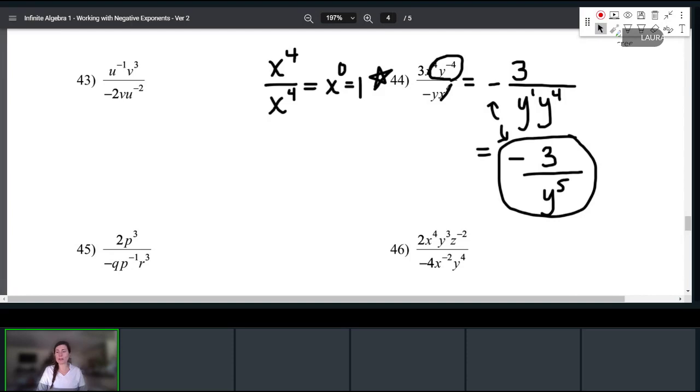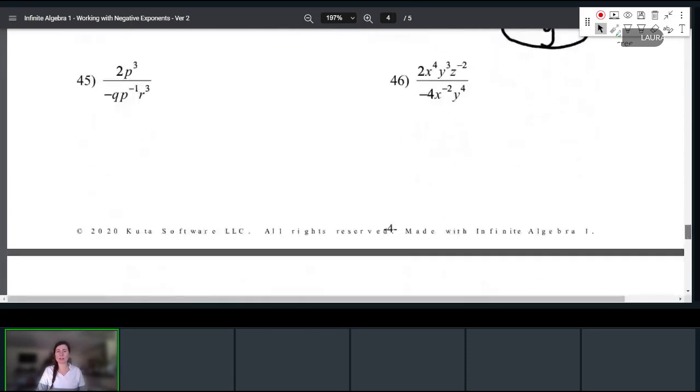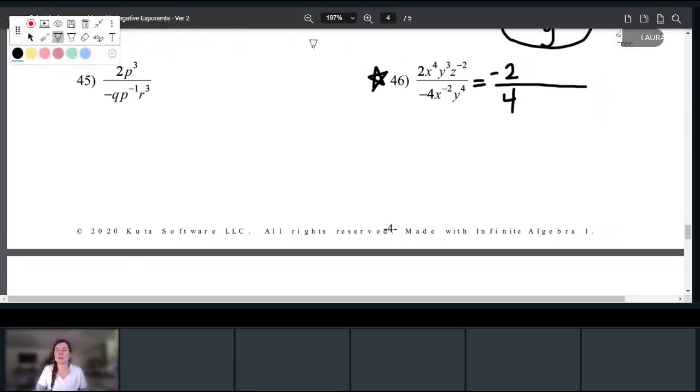Okay, we have one more problem. We're going to look at number 46 here. So we can see that we have kind of a lot of simplification here. So the first thing I'm just going to do is move all the negative exponents and make them positive. I also see that I have a 2 over negative 4. So I'm just going to move that negative symbol to the numerator. That means the same thing there.